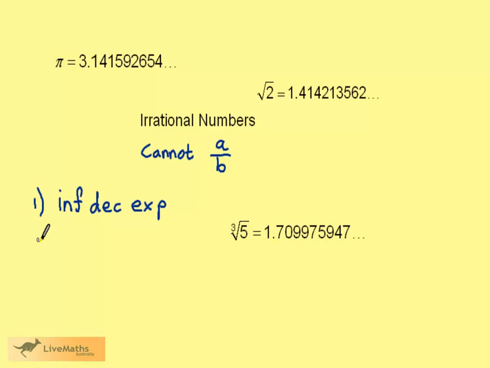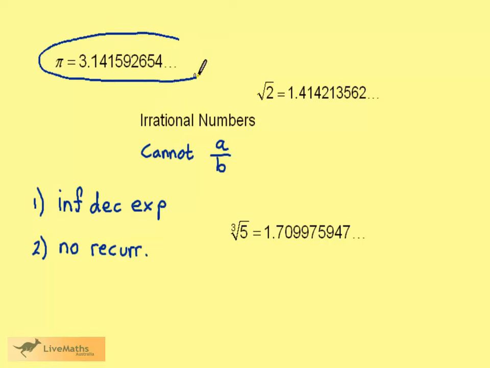However, this is also the case with a recurring decimal. So the second part of this is that the decimal expansion has no recurrence pattern. Even before viewing this video, you must have heard that this was the case for pi.